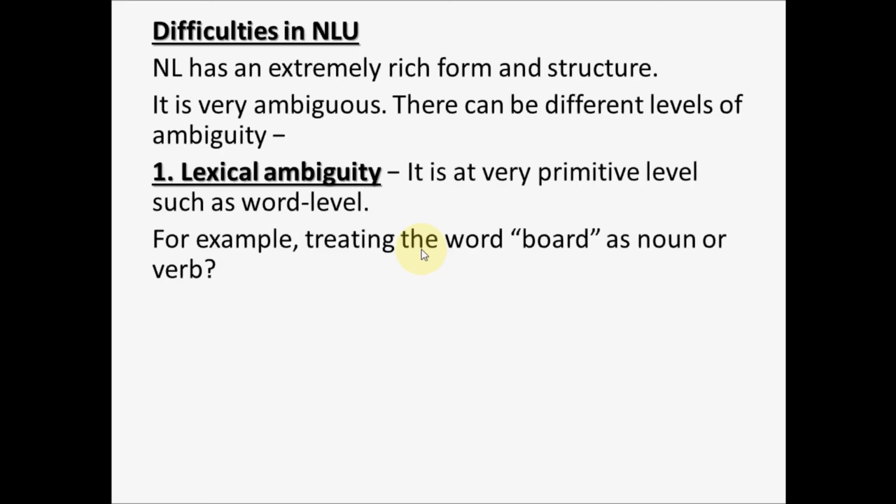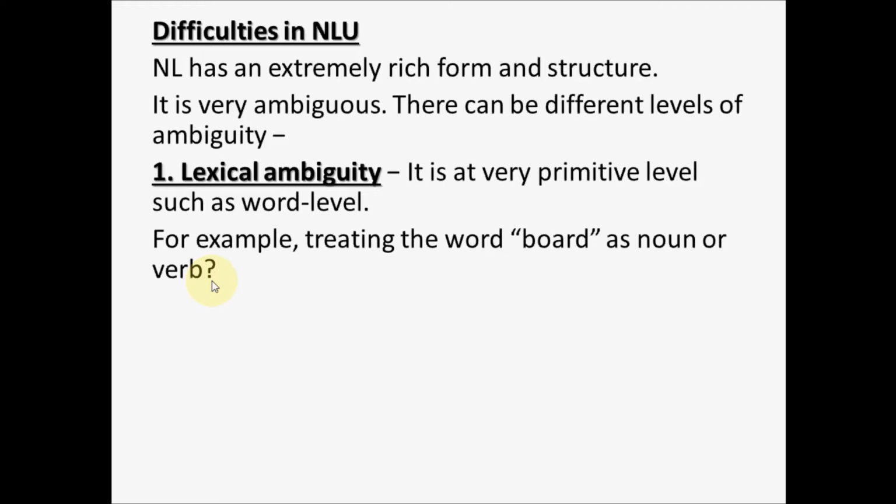The first is called as lexical ambiguity. It is at a very primitive level, such as word level. For example, treating the word bored as a noun or as a verb. Because we know that in natural languages like English, a certain word, when it is used in a particular context or in a particular sentence, it could be a noun.